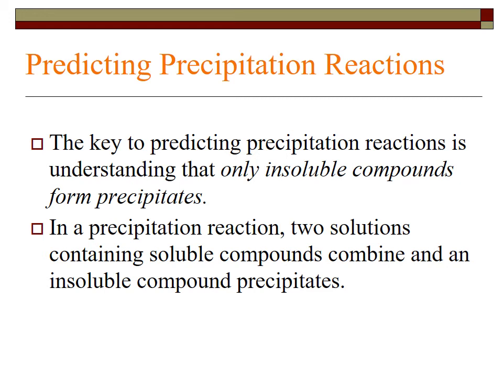So solids are precipitates. In a precipitation reaction, two solutions containing soluble compounds combine, and an insoluble compound precipitates. I take two soluble compounds, mix them together, and by mixing them together, I get one insoluble compound that precipitates out. I get a solid. It becomes an insoluble compound in my reaction.